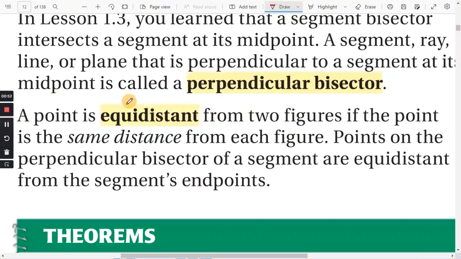A point is equidistant from two figures if the point is the same distance from each figure. Points on the perpendicular bisector of a segment are equidistant from the segment's endpoints.